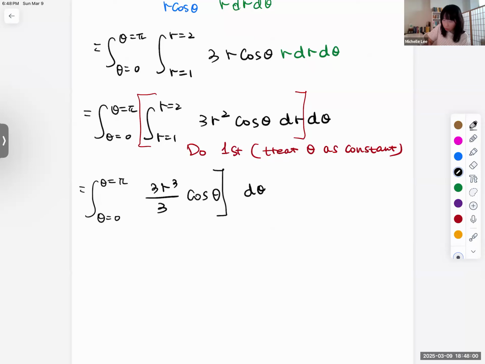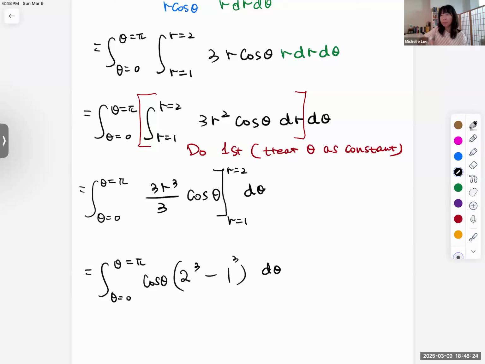Oh, I have to evaluate r equal to 1 to 2. Common mistake, right? And from 0 to pi. So r, which is 2, so 2 cubed. And then cosine theta is the constant. 2 cubed minus 1 cubed, which is 1, d theta.